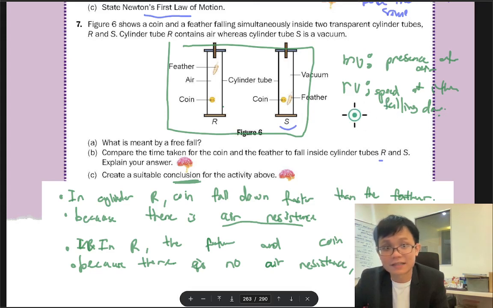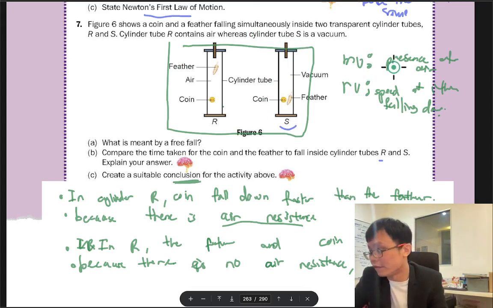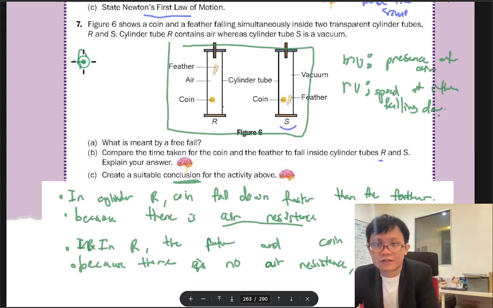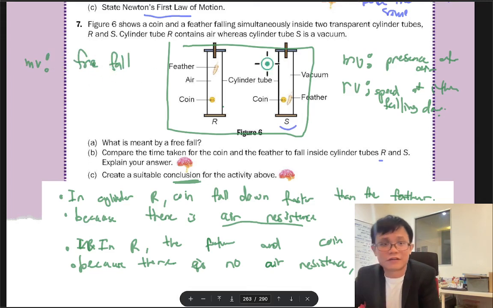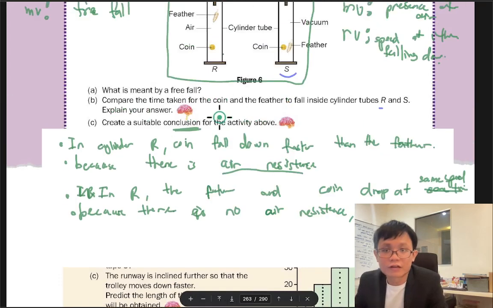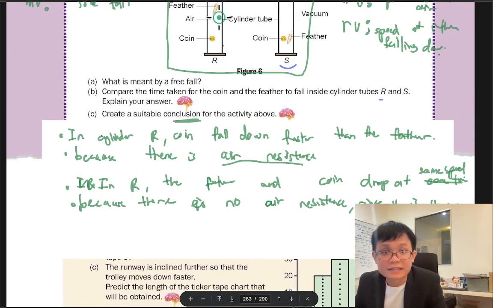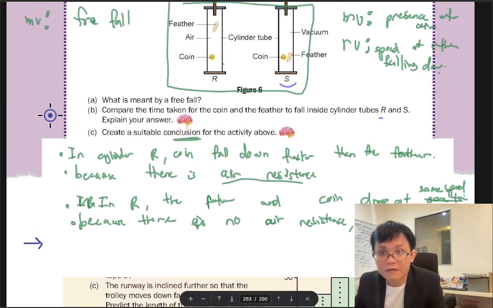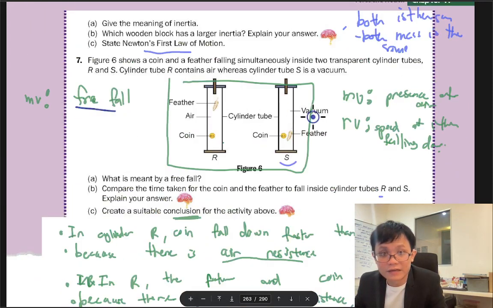But I cannot say that in the exam, because actually what I want to talk about for the MV is the free fall. The MV actually is also the free fall, but I cannot test just free fall. I need to use air and no air. So for the conclusion, we can say, how does the free fall relate to the vacuum and air resistance?